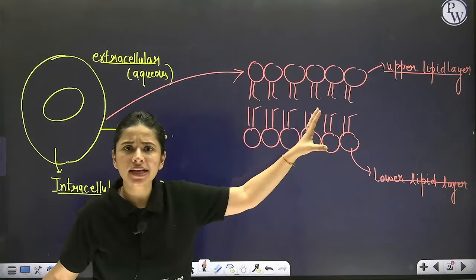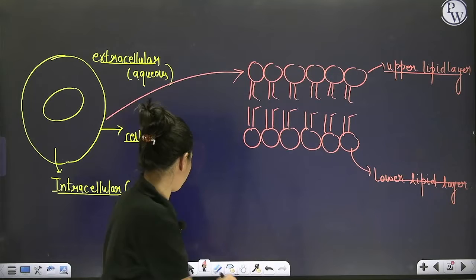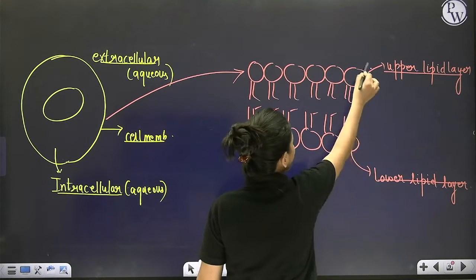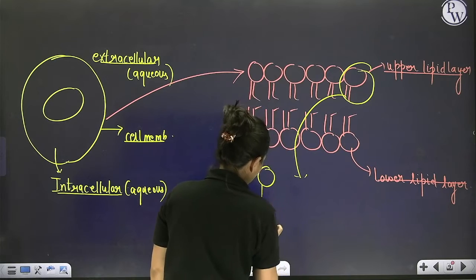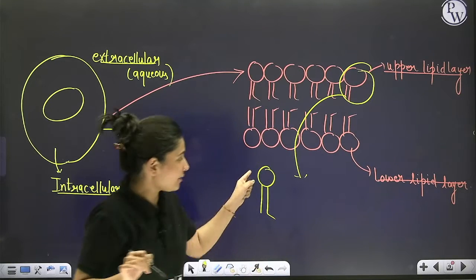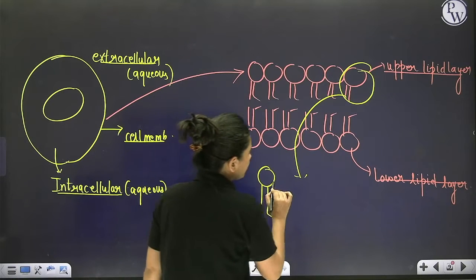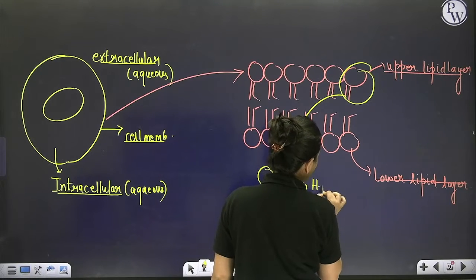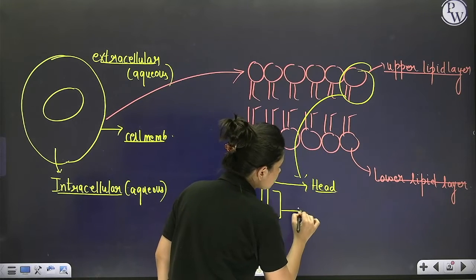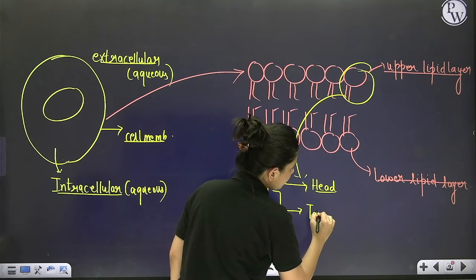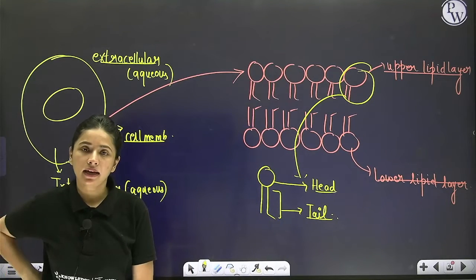Now, what have I drawn? How have I drawn the lipid? Let's try to understand one molecule of each lipid layer. Take this out. Here you see I have drawn a circle and two legs. This circle is called the head and these two legs are called the tail.